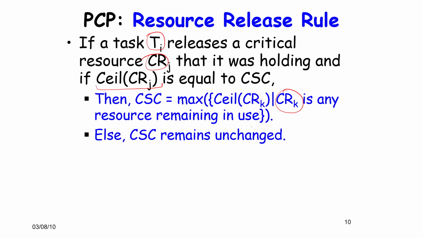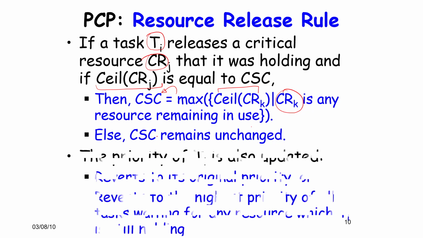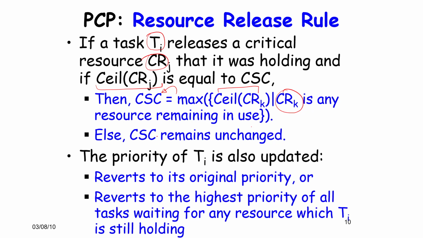We take their ceilings, and the ceiling is a static attribute of a resource. So we simply take all their ceilings and compute their maximum, and that becomes the current CSC. Otherwise, CSC remains unchanged.